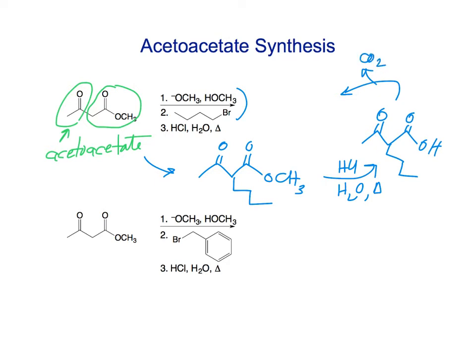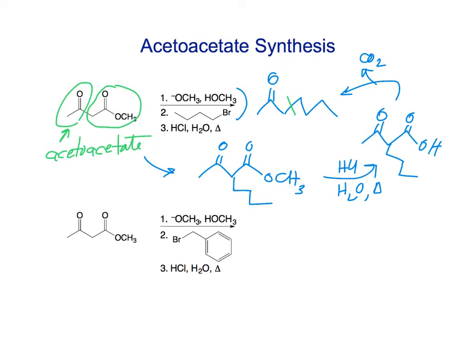And so we're going to lose the carbon dioxide from the carboxylic acid side of this. And so our product now will be this. And the bond that we formed in the process is this one right here.